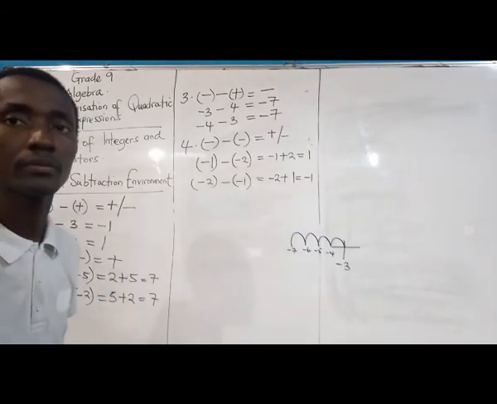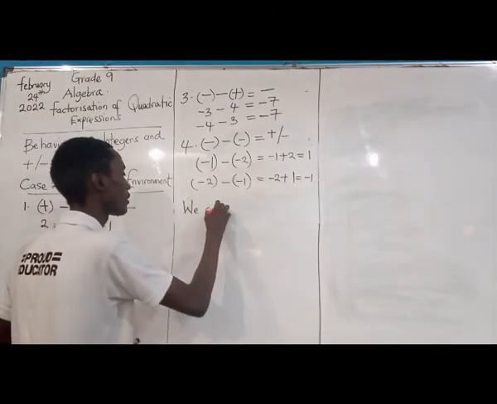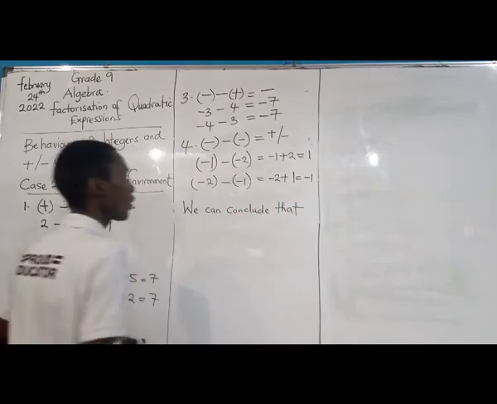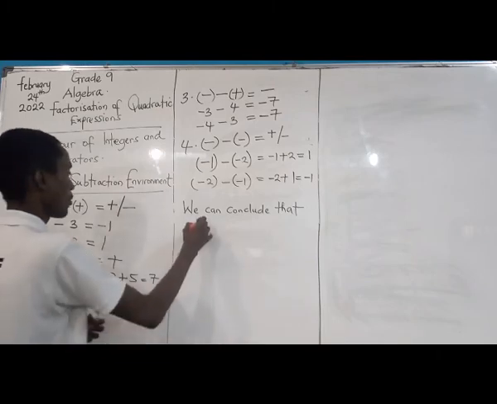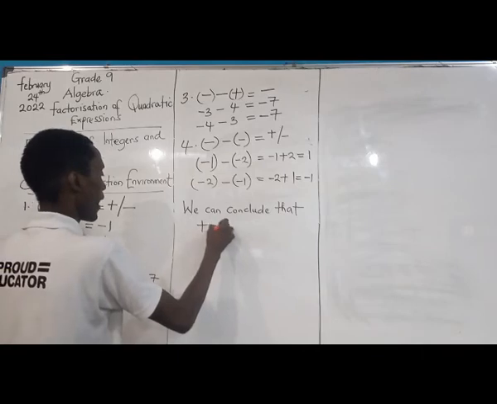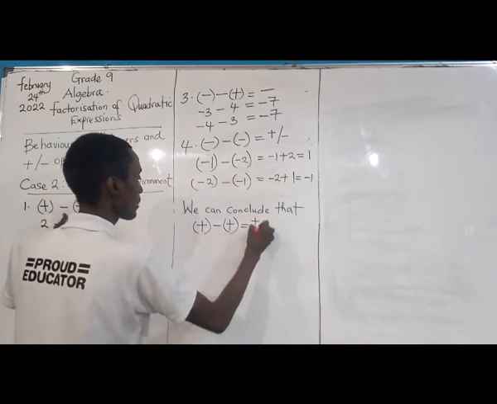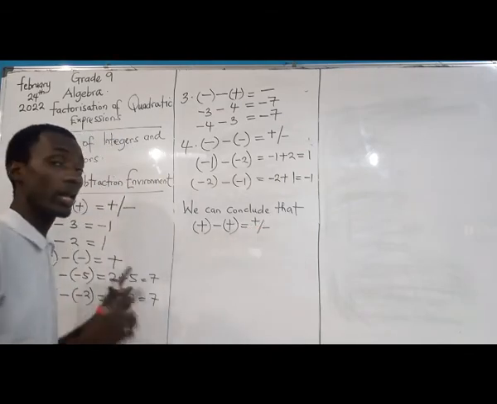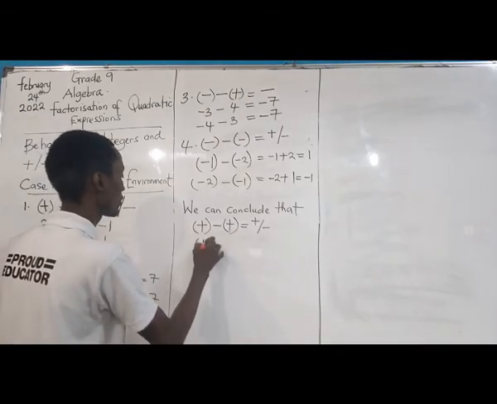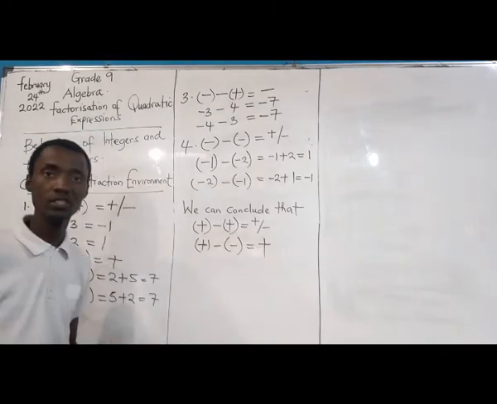So what can we conclude? We can conclude that positive minus positive will give us an indeterminate answer. We need to know which is bigger. Then when we have positive minus negative, we will always get a positive.